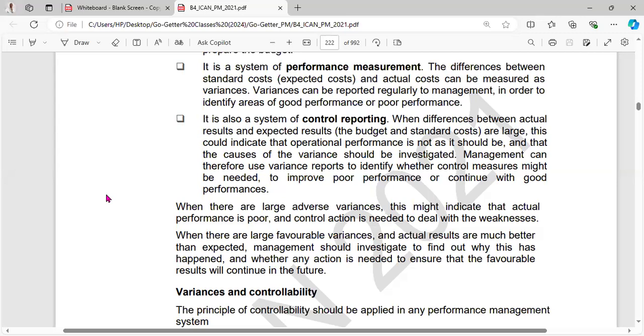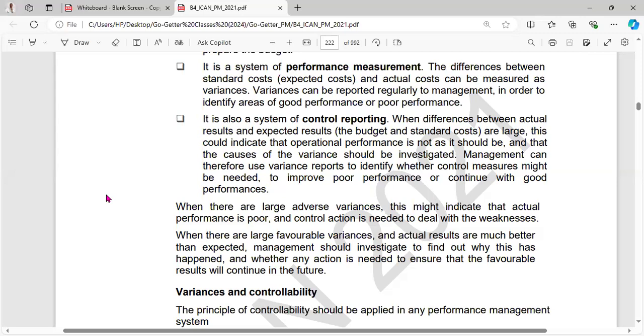It means your cost has increased from expected. But when it is favorable, it means your planning is 20,000 naira and you went there, it is 19,000. You spend less than what you planned. It's favorable for you because you now have extra money with you.